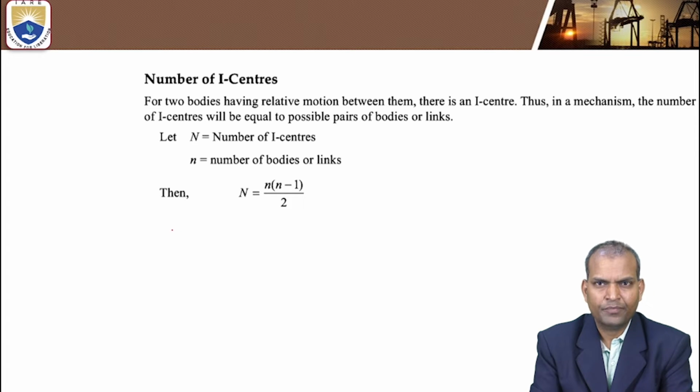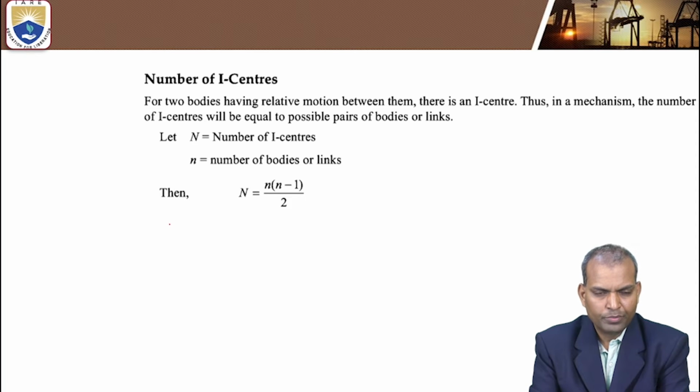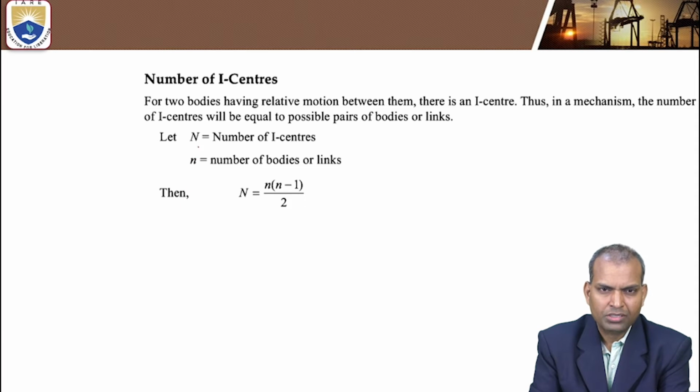Thus, in a mechanism, the number of I centers will be equal to the possible pairs of bodies or links. Where capital N is the number of I centers and small n is the number of bodies or links, the formula is N equals n times (n minus 1) by 2.